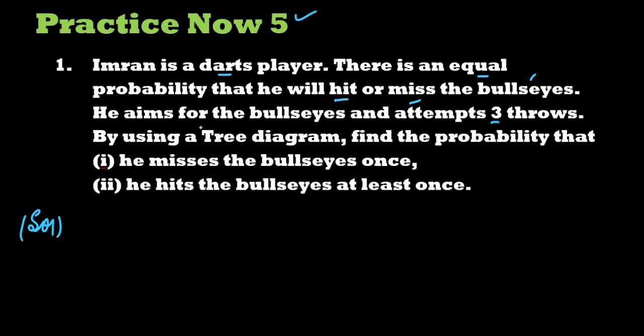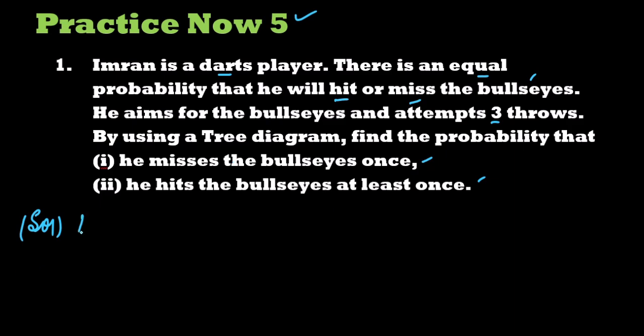By using a tree diagram, find the probability that he misses the bull's eye once, and that he hits the bull's eye at least once. So, firstly, we draw a tree diagram here.